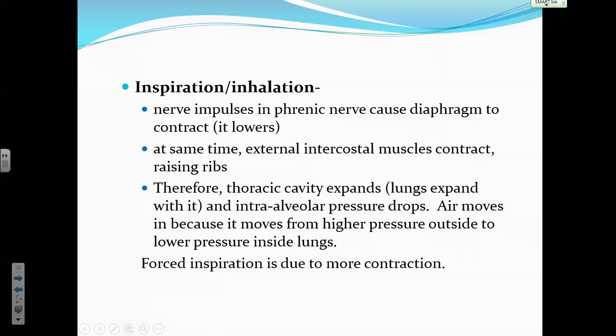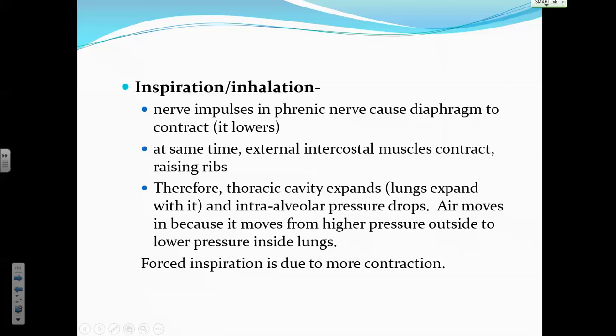It goes up a little bit. When it contracts, it moves down. And because it is covered on the top by parietal pleura, the parietal pleura is going down. Remember, it lines that cavity? And because there's a serous fluid between the parietal and the visceral pleura, it kind of keeps all that together. So that pulls the lungs down. Do you see how that increases the space inside the lungs?